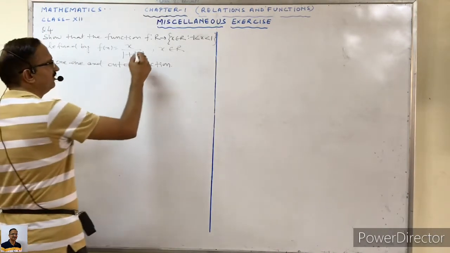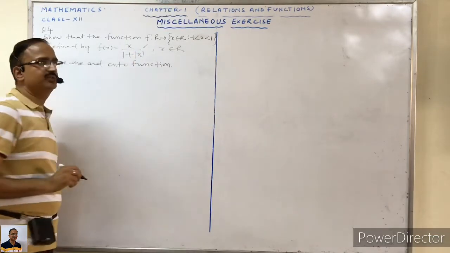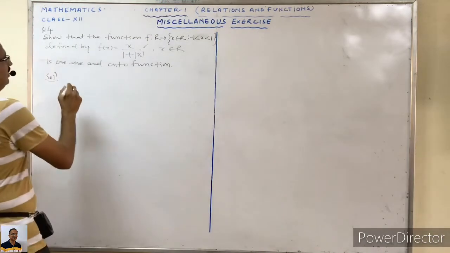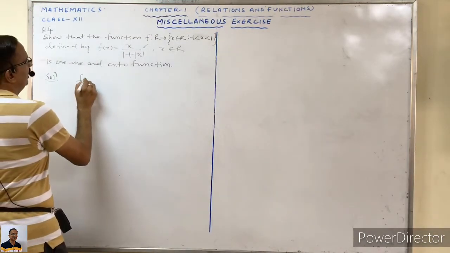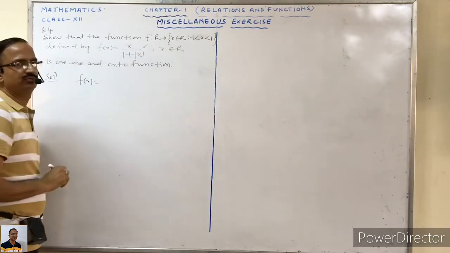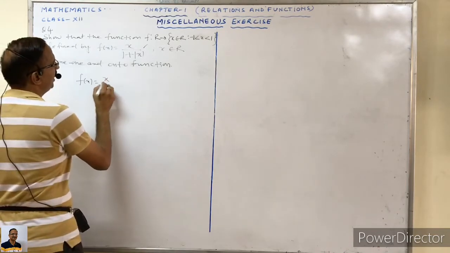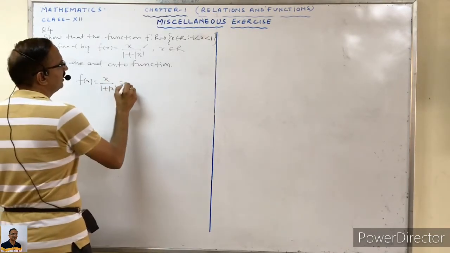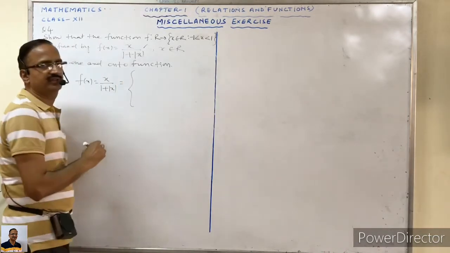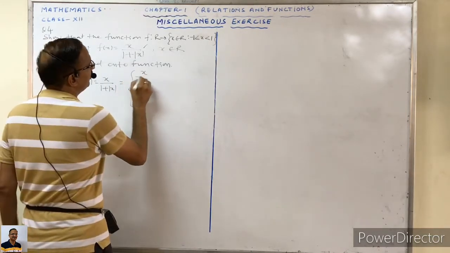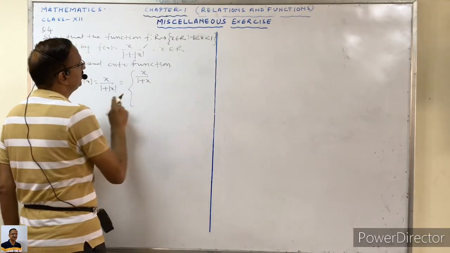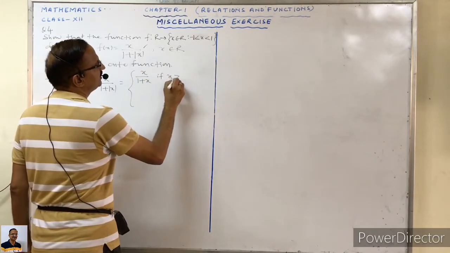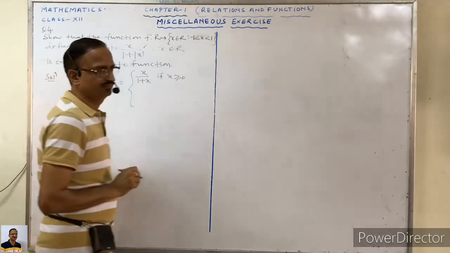First of all, we will write this function in this way. Fx equals x upon 1 plus modulus of x. So we can write this function as x upon 1 plus x if x is greater than or equal to 0.